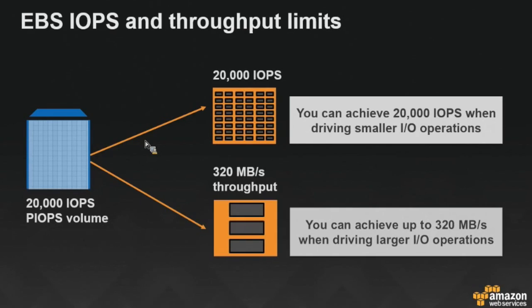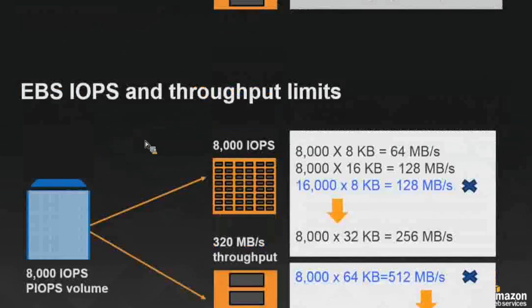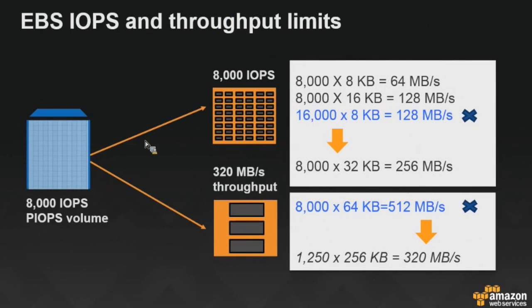And so if we take an example of a volume, for example, an 8,000 IOPS PIOPS volume, you can drive 8,000 8 kilobyte IOPS, you can drive 8,000 16 kilobyte IOPS, but you can't drive 16,000 IOPS. And the reason for that, obviously, is because it's IOPS limited. Even though it's underneath the 320 megabytes a second throughput, you can't drive more than 8,000 IOPS. However, you can't drive 8,000 64 kilobyte IOPS because that's above the 320 megabytes a second.